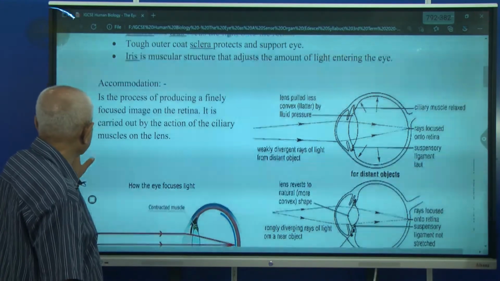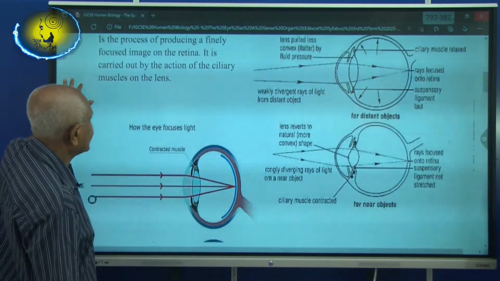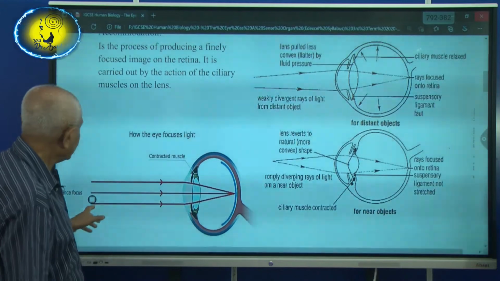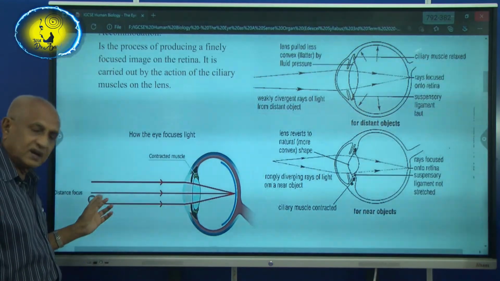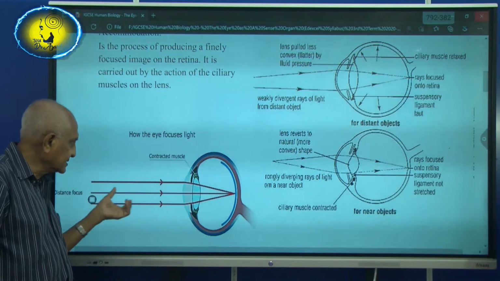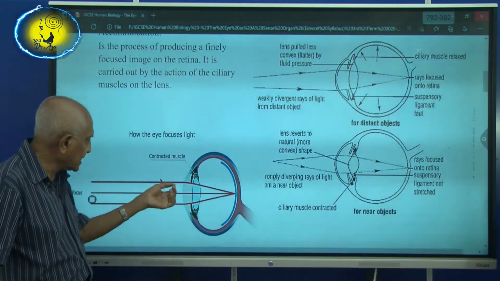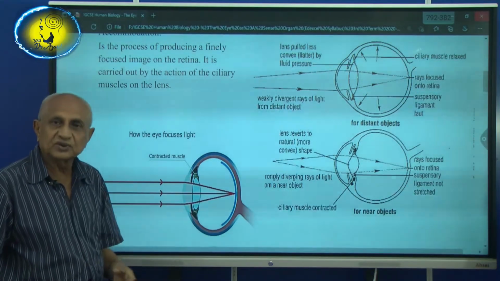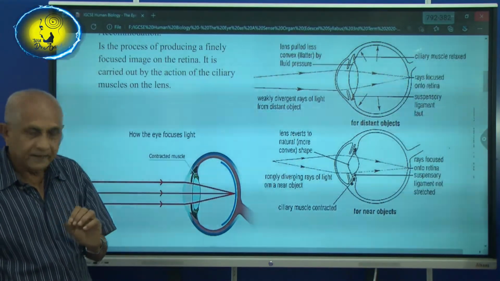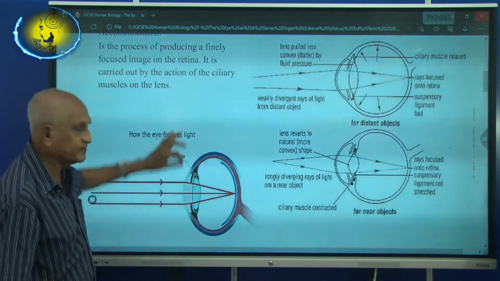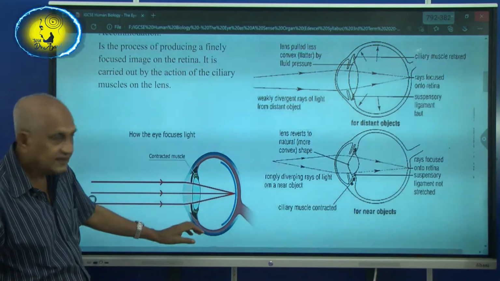Now, if you look at these diagrams, you can see this. The light is coming from a distant object, passing through the lens and focusing onto the retina. Now you can see the lens here is thin.